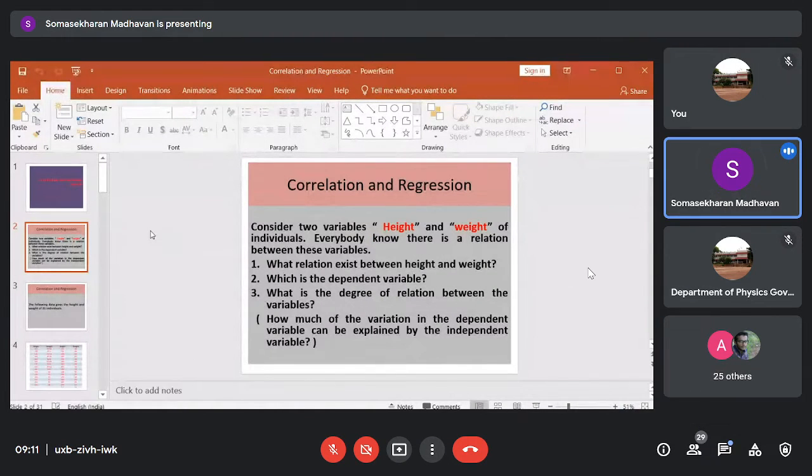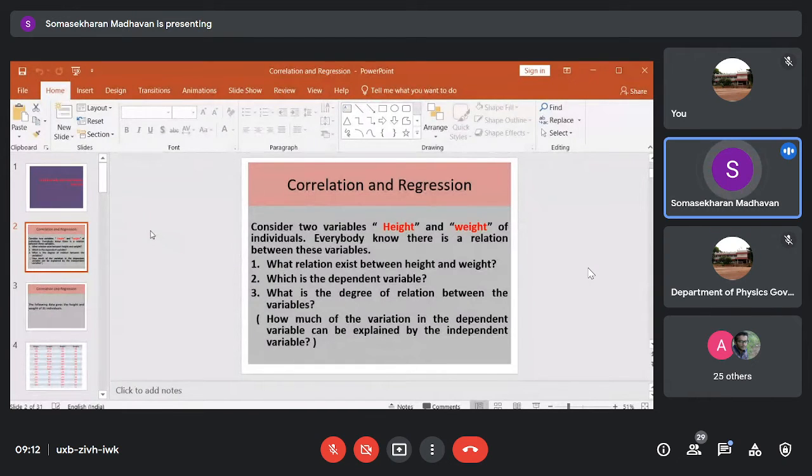Now the question is, what relation exists between height and weight mathematically? Which is the dependent variable? What is the degree of relation between the variables? That means how much of the variation in the dependent variable can be explained by the independent variable.